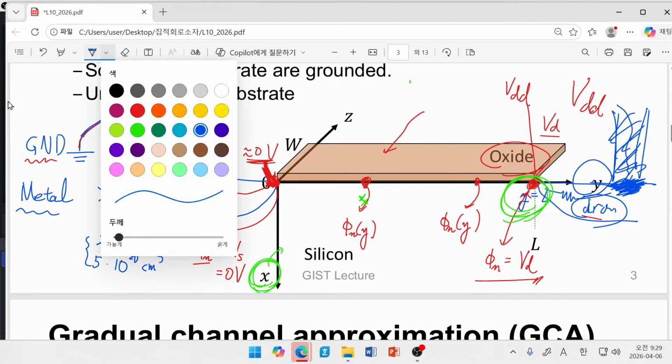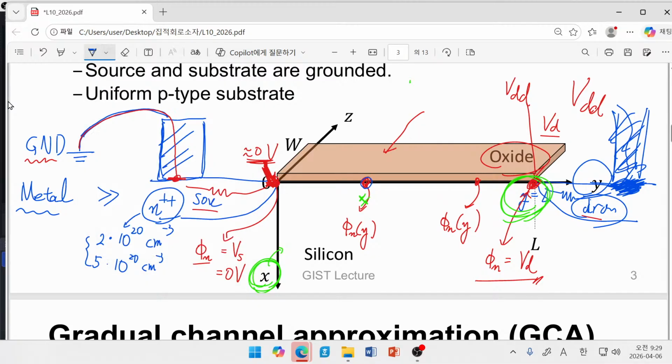I told you that we have to calculate the electron quasi-Fermi potential at a certain y position. Then the question is, how about this one? The electron quasi-Fermi potential in general can be regarded as an x and y dependent quantity.